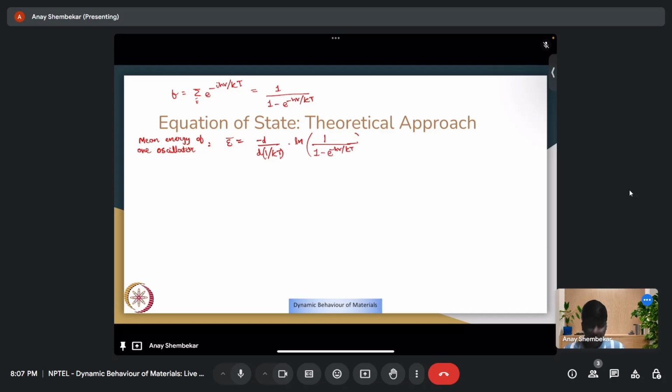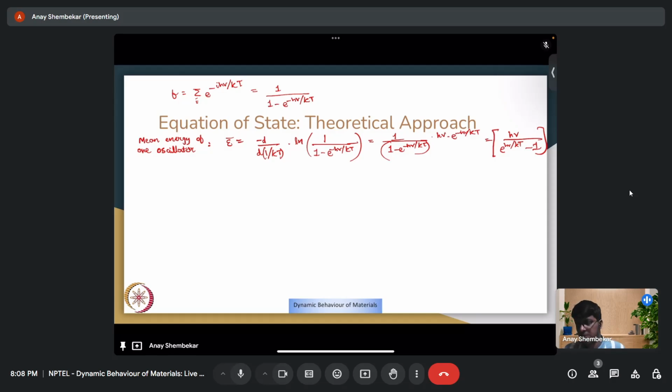Right, so log of 1 by something is nothing but minus log, so that minus minus sign would cancel out, and you would end up with h nu e raised to minus h nu by kT over 1 minus e raised to minus h nu by kT, which is nothing but h nu upon e raised to h nu by kT minus 1.